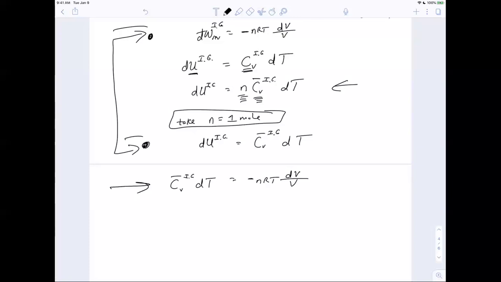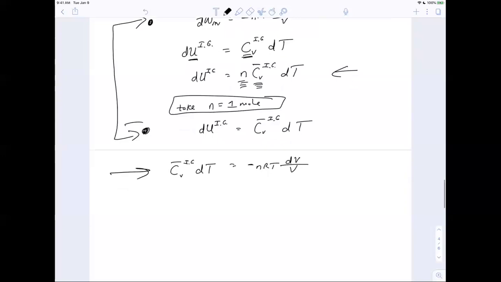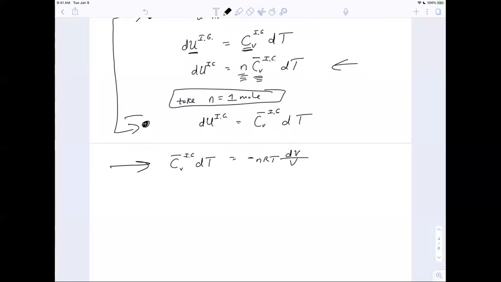I can do this very simply because you can manipulate this equation to separate the variables so that on one side I have variables that are only temperature dependent, and on the other side I only have variables that are volume dependent. The only problem really is this temperature on this side, but it's not that much of a problem. On the right hand side I have this mix of temperature and volume, and I know that temperature and volume will both change in this process.